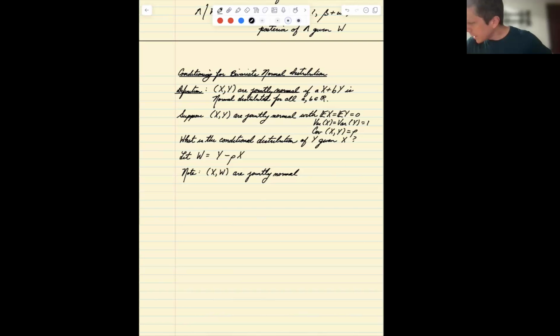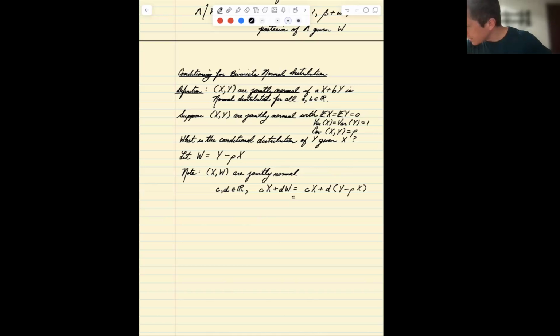Because if you let c and d be real numbers, then cX plus dW equals cX plus d times (Y minus rho X).